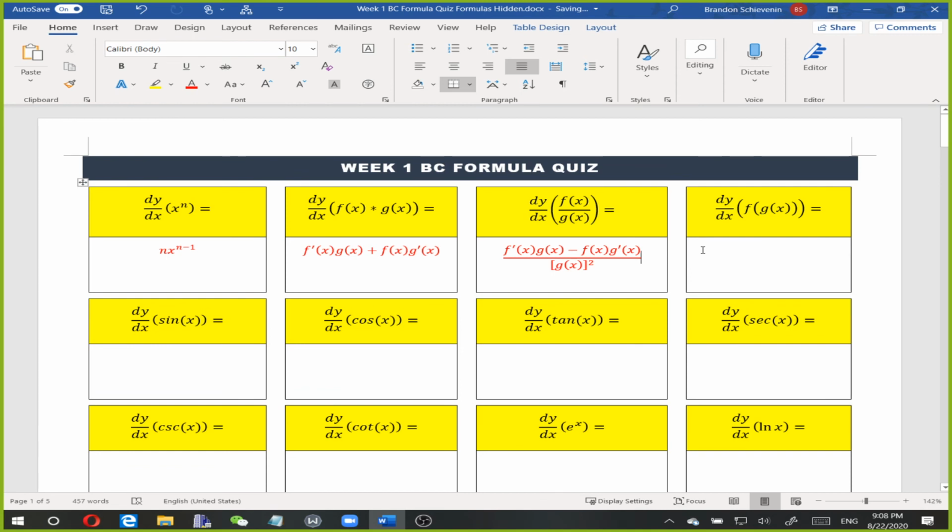Okay, so that's f prime of g of x times g prime. Should look like this. Kelly, if I derive sine, what will I get?